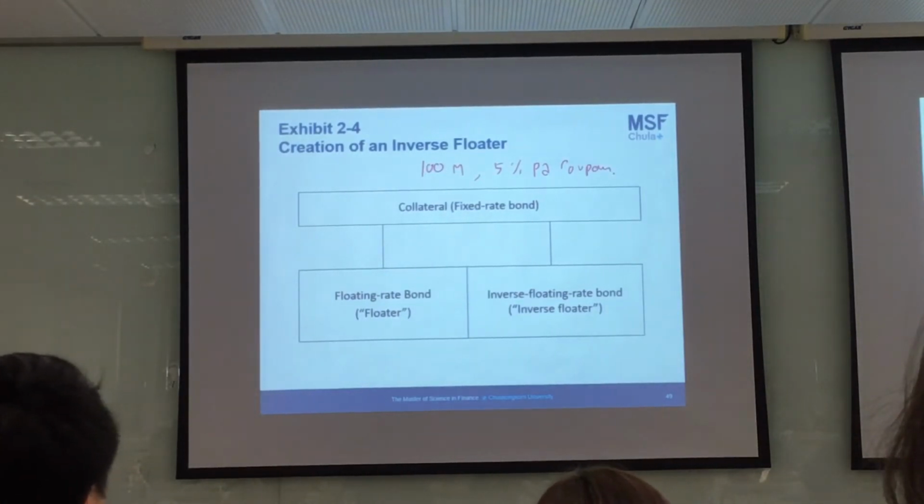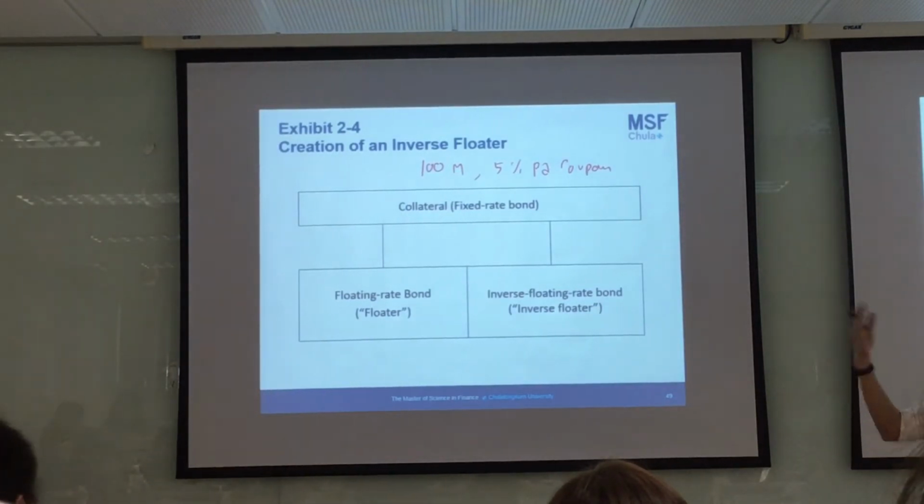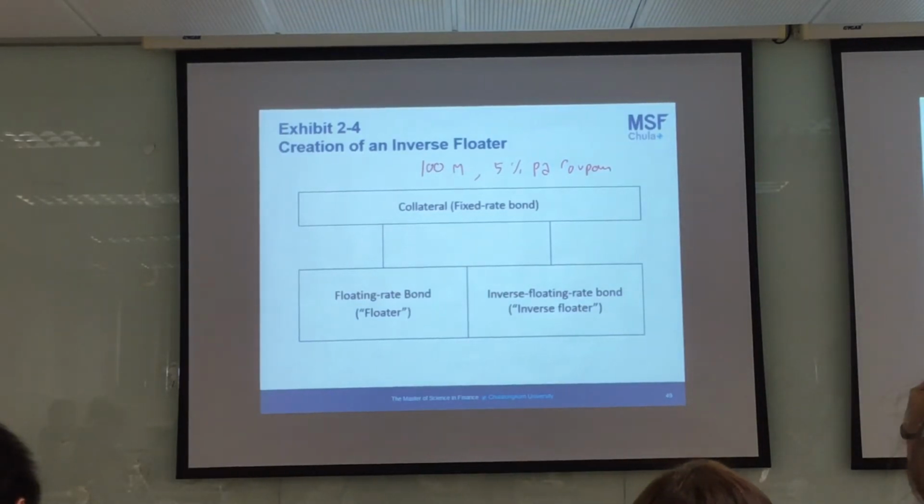The trader buys this bond as collateral. So every year, this bond will pay the coupon at 5%, with the size of investment equal to 100 million, the par.